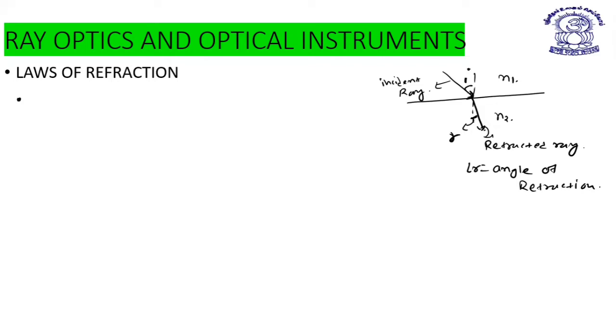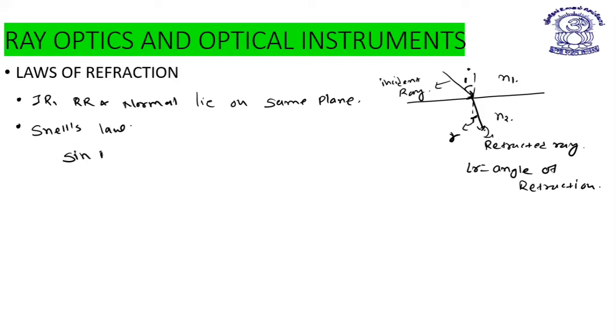The first law states that the incident ray, refracted ray, and normal at the point of incidence lie on the same plane. The second law is called Snell's law. Snell's law states that the ratio of the sine of the angle of incidence to the sine of the angle of refraction is always constant for a given pair of media.